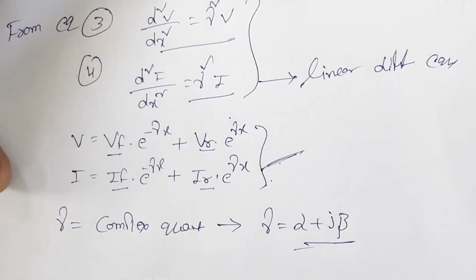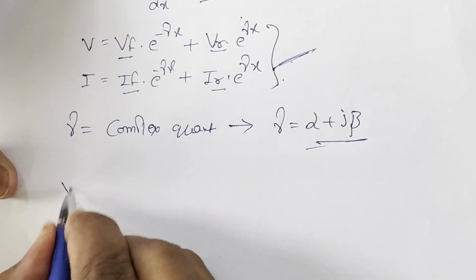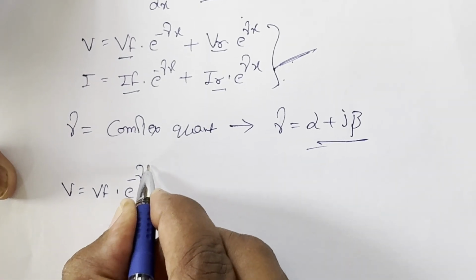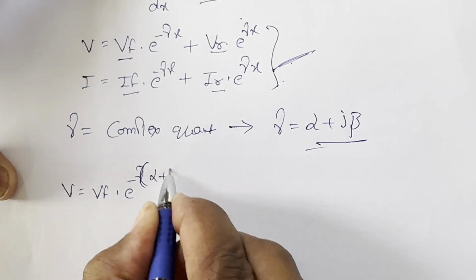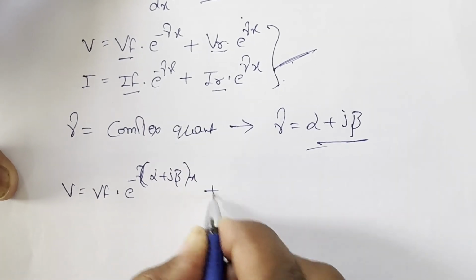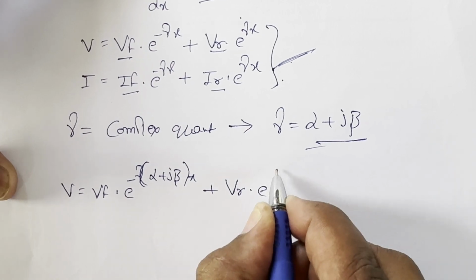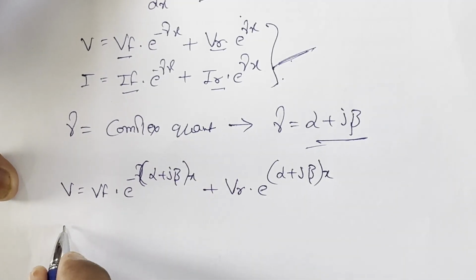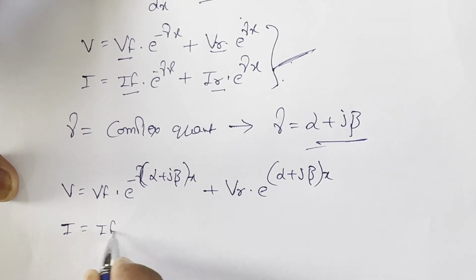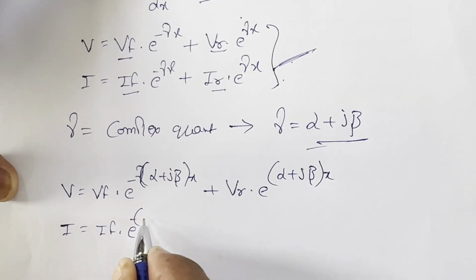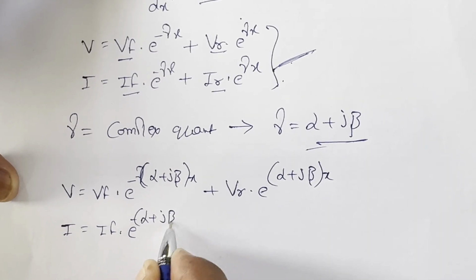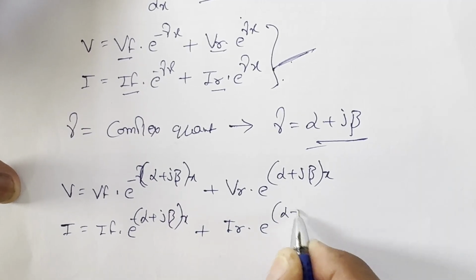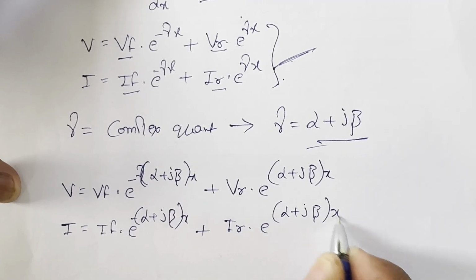Substituting this value in the above equation, V equal to Vf into e power minus gamma, which is alpha plus j beta, into x, plus Vr into e power alpha plus j beta into x. Similarly, I equal to If into e power minus alpha plus j beta into x plus Ir into e power alpha plus j beta into x.